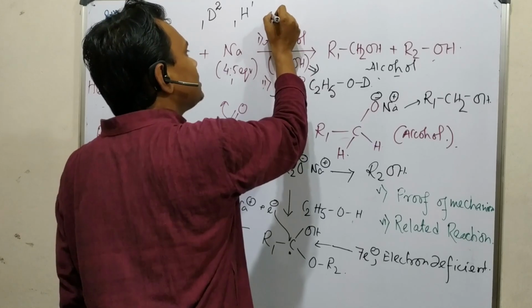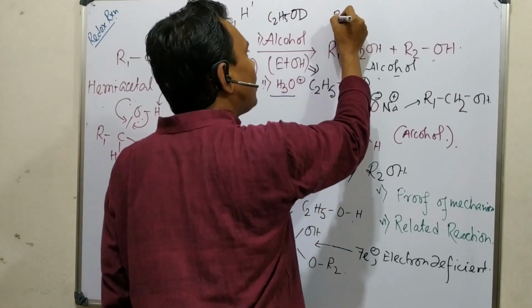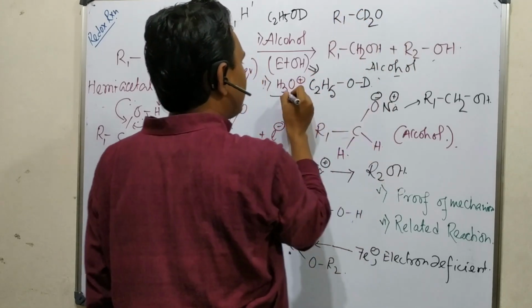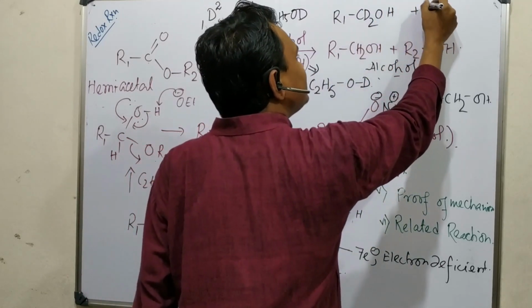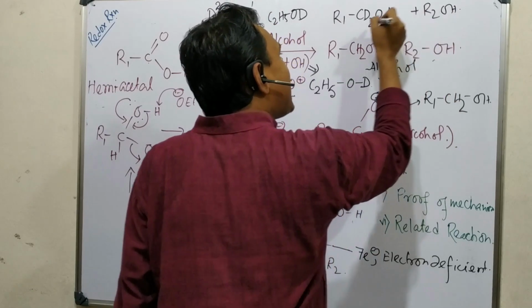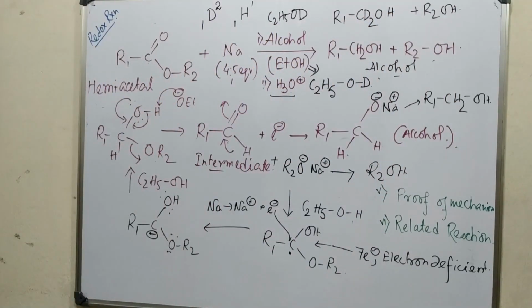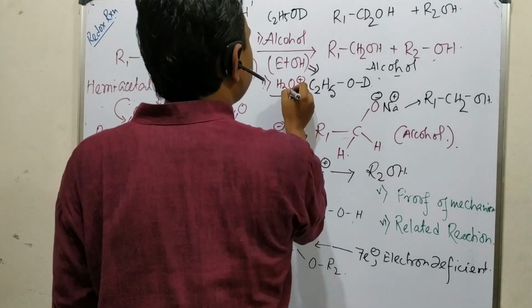If it is this C2H5OD, the product we get is R1CD2OH, where the acid is H3O plus, and this is R2OH. That proves that alcohol is acting as a proton donor, because the OH is coming from this H3O plus.